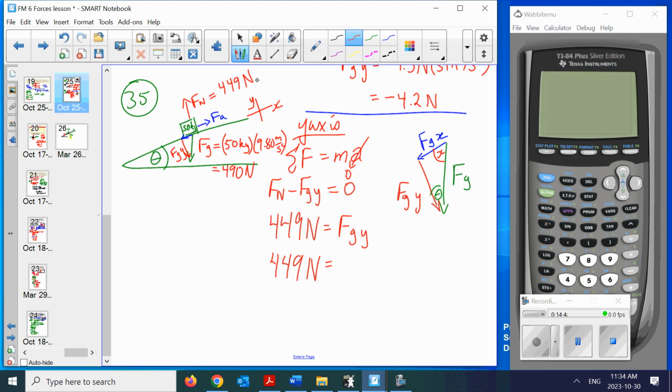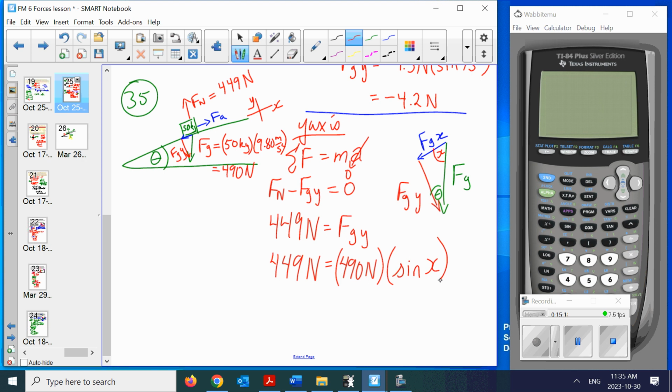Okay, so I'm going to sub in a value of 490 for FG. And then we know that it is with the X angle. That's where we use sine. From here, it's just a little bit of trigonometry and algebra.